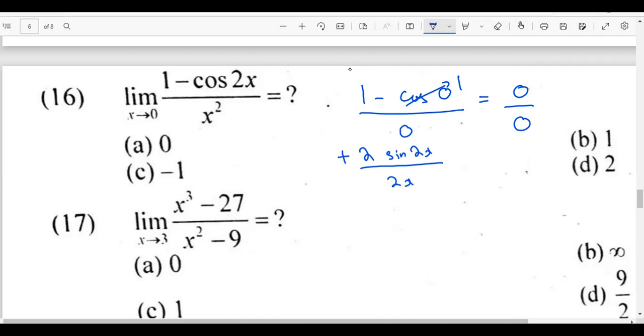So this time it will become 4 cos 2x by 2. Yes. And now you'll plug in 0. So this would become 1. Yeah, 2 is the answer. Very good. Okay. This would be the answer. Yes, Alina, is that okay?